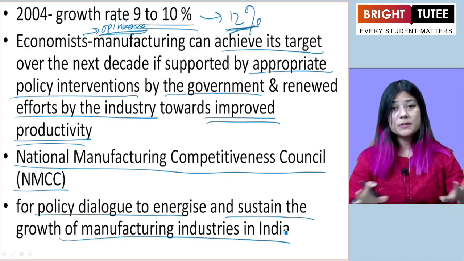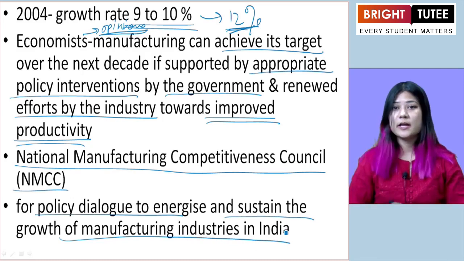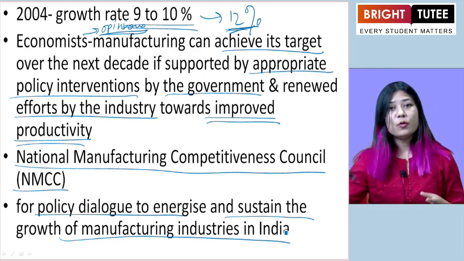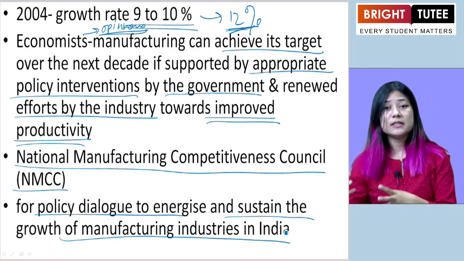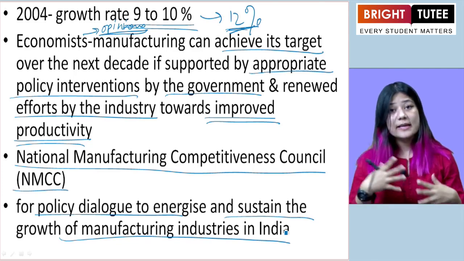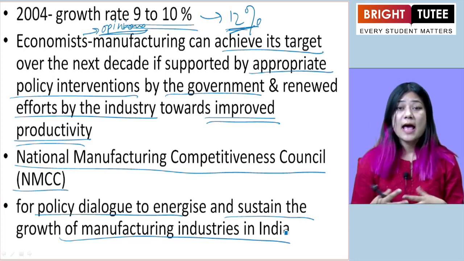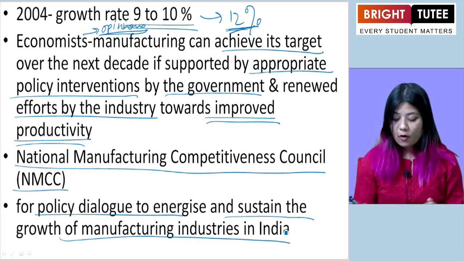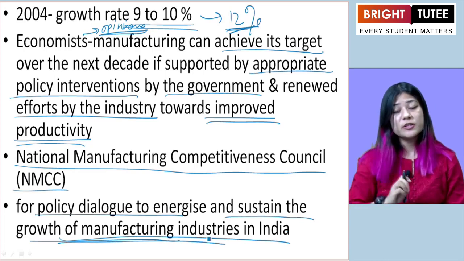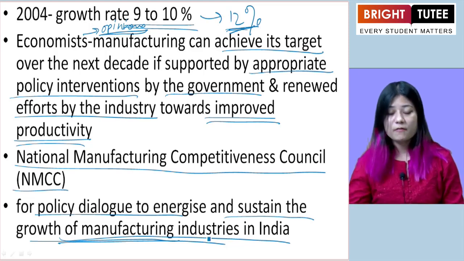So this was established by the government so that people involved in the industrial sector and those representing the government of India can come together and have dialogue, have discussions as to what can be done for the growth of the manufacturing industries in the country, which then will lead to growth in the economy of our nation.